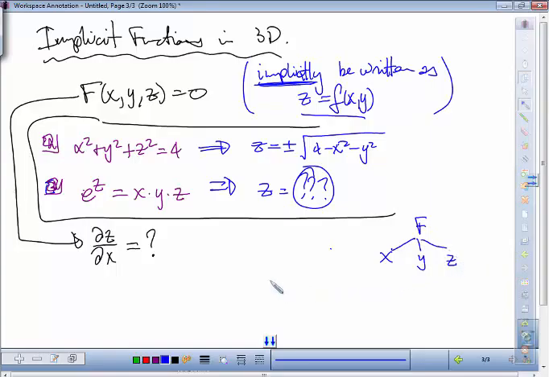And what we're doing is we're pretending that we can write this explicitly as a function of x and y, even though we can't. So we're going to assume that each of these are functions of x and y.